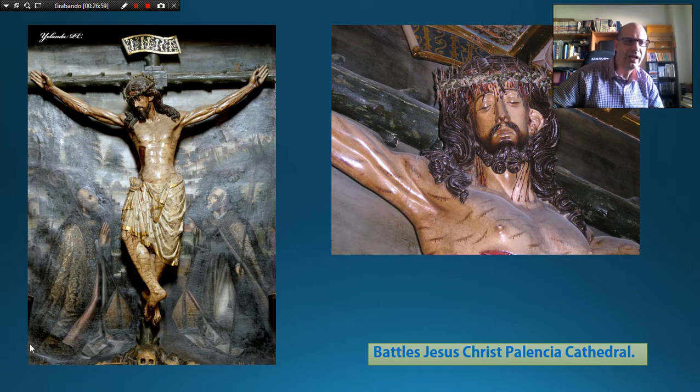We have 3 nails. You remember, 1, 2, 3 nails instead of 4. We don't have any support. Can you see here, for example, the skull of Adam? You remember, because we talked about this idea in another class, and look at the muscles, for example, in the arms of this figure, because it's suffering a lot, because there's no support over the feet.